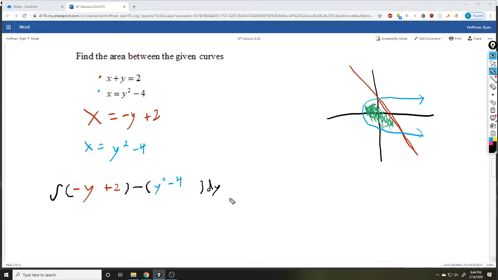Okay, now we need to solve for what the bounds are, because we need to know what to integrate this from. So that's just going to involve setting these two equations equal to each other. I think we did most of this in class, but just to refresh our memory of what we're doing.